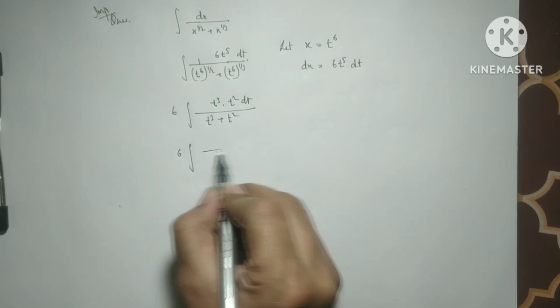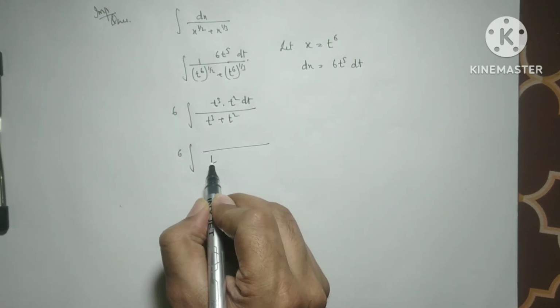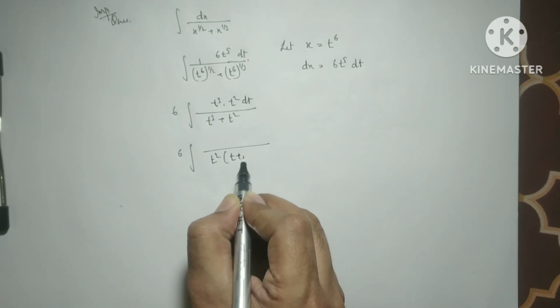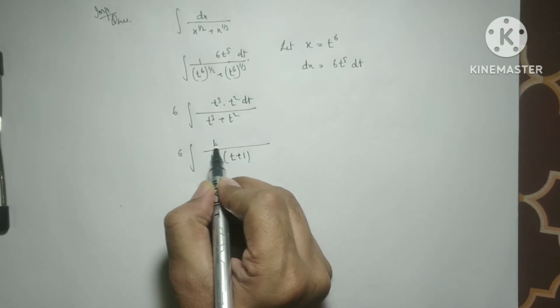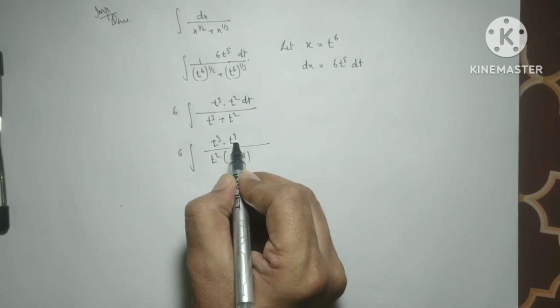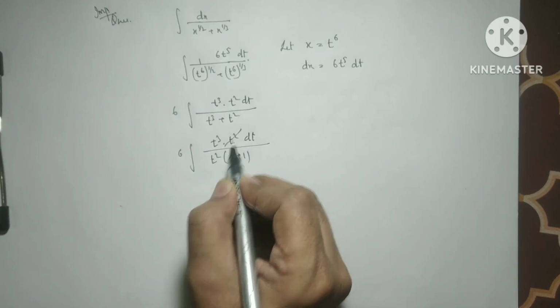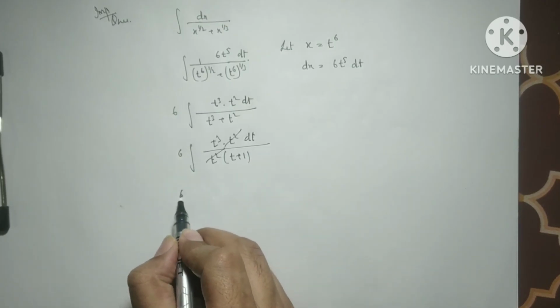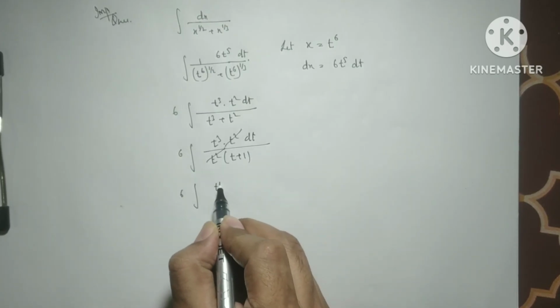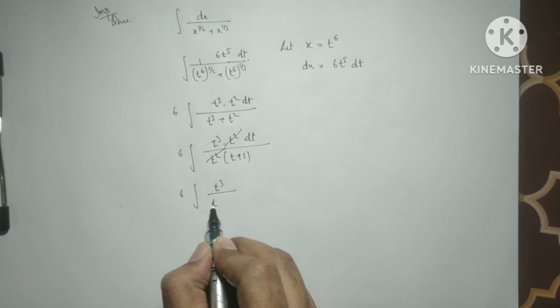When we take t square as common, we get t square into (t plus 1). So this will be cancelled out, and right now we have t cube over t plus 1.